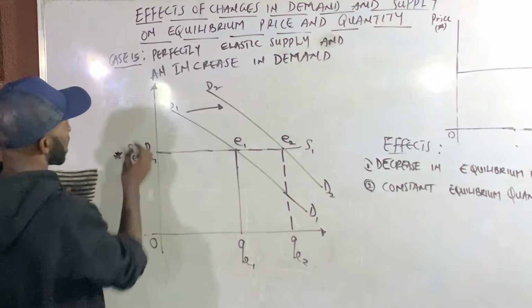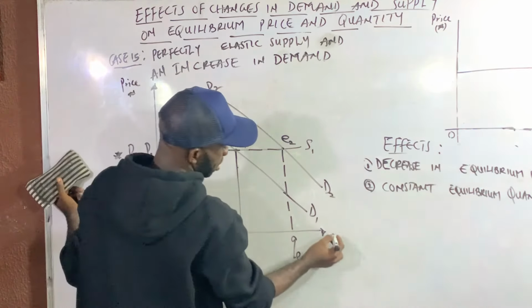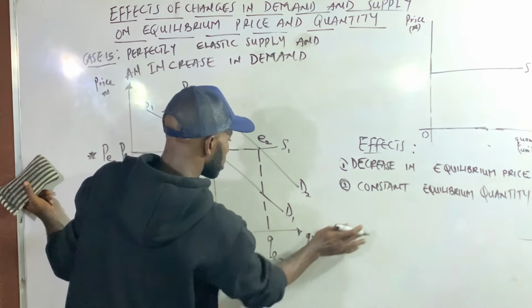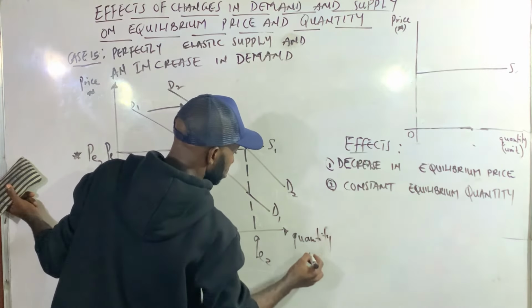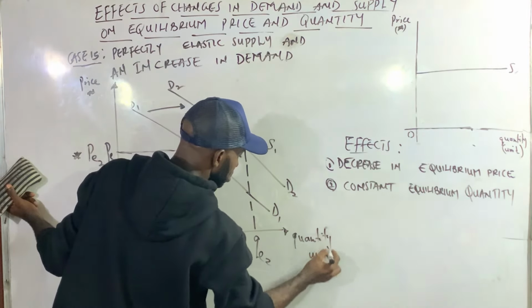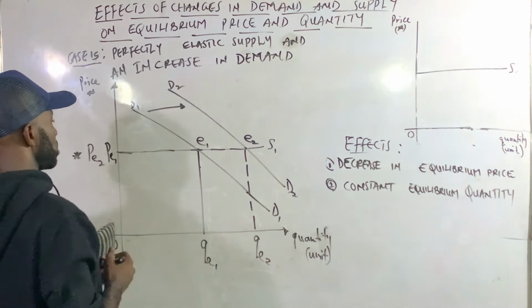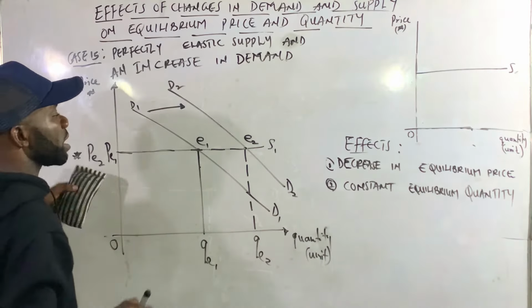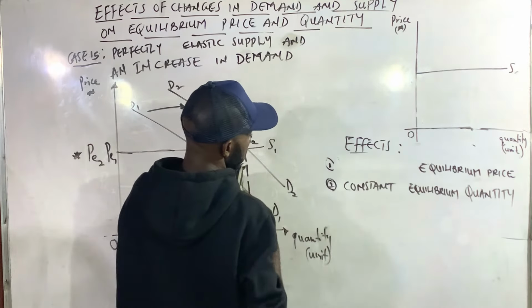And then for looking at this being a price line and a quantity line, although we might have skipped that for a while, don't forget this is a quantity region. From what we can see here, equilibrium price remained constant, and that's going to make our effect change.